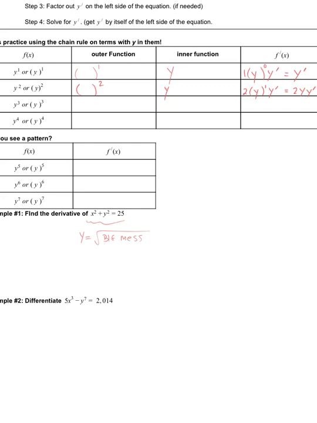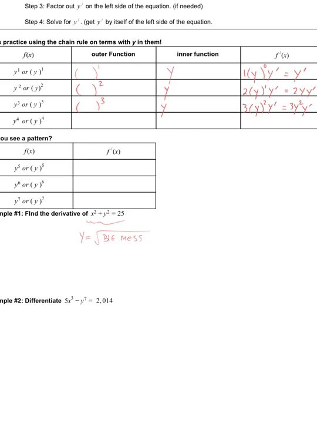Let's keep going. Let's do y to the third. So our outer function is something to the third, and my inner function is y. So let's go to work. The derivative of something to the third is 3 times something squared. The inner as is y, and the derivative of the inner we call y prime. So if we simplify it, we get 3y squared y prime.